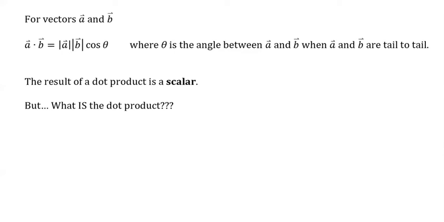So you have to have definitions for operations. The problem is you've been doing most of these operations for so long that the definitions are obvious and intuitive to you, like multiplying two numbers. You just know what that means. But those definitions don't work with vectors, so we have to come up with new ones. And they have meaning, and I'm going to try to share that meaning with you, but it's not easy, because until you get deeper into this, I don't think it's obvious what the dot product is actually doing and why it would be useful.